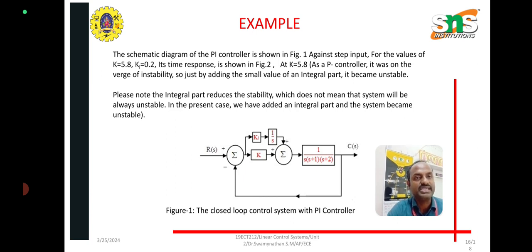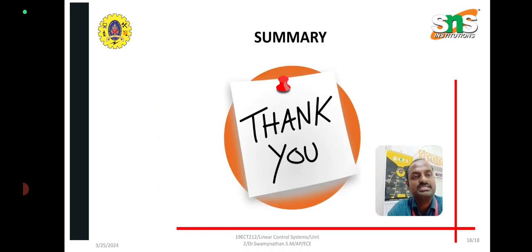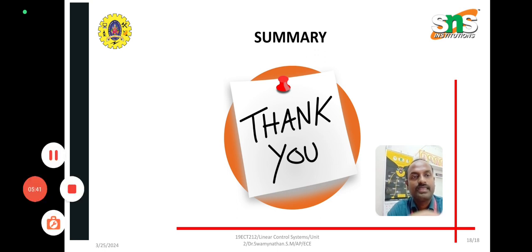In the present case, we add the integral part and the system becomes unstable. This is the response of the system. For the time response analysis, the x-axis is time and the y-axis is amplitude. Here the time responses are based on the figure, with K equal to 5.8 and Ki equal to 0.2. These are all called PI controllers.